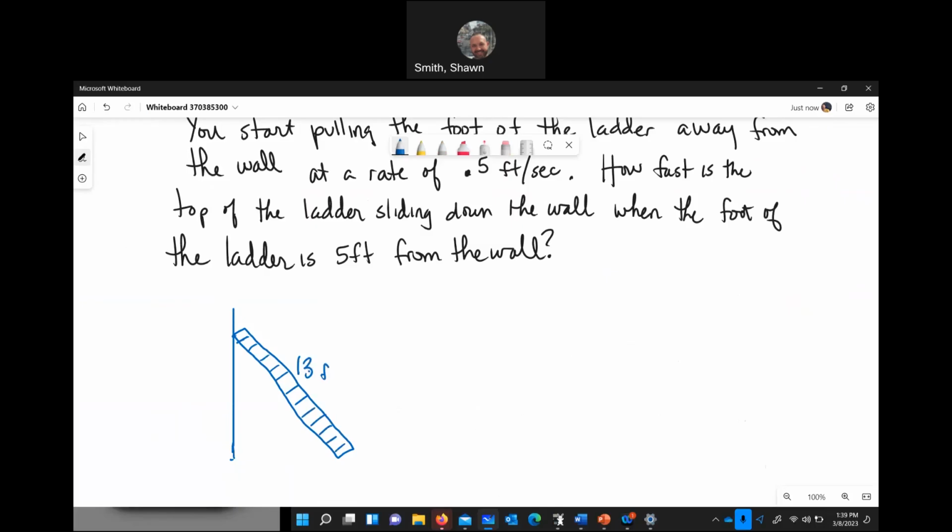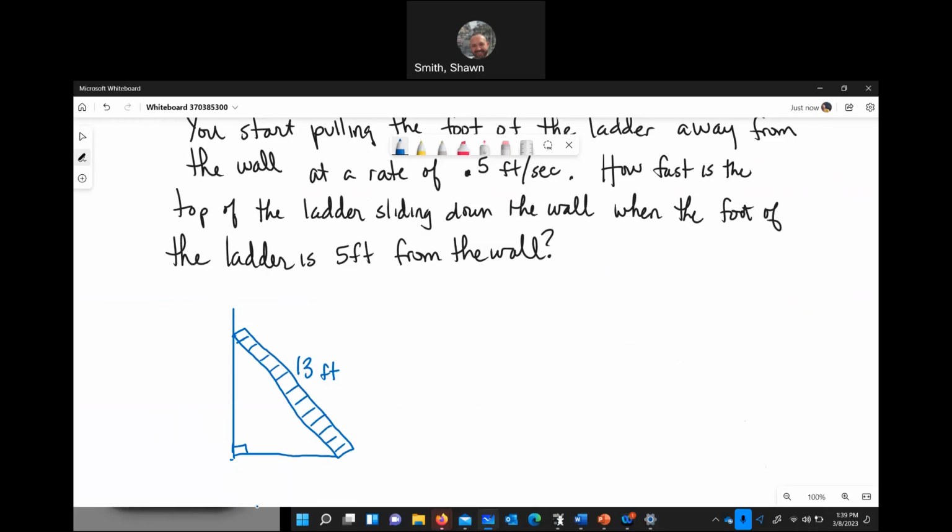This ladder is 13 feet long. In the picture we're drawing, see, a right triangle. So if it's a right triangle and sides are involved, the Pythagorean theorem would probably be our equation, especially for a right triangle. So hint, hint.